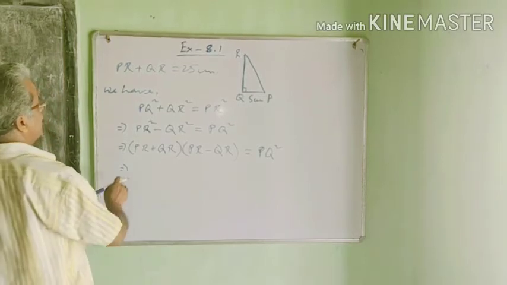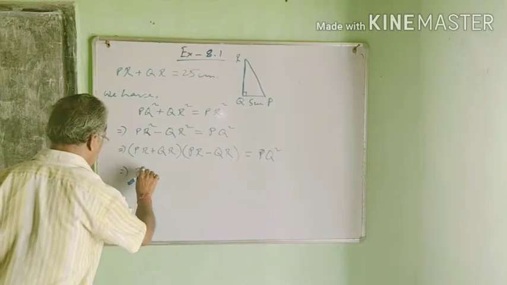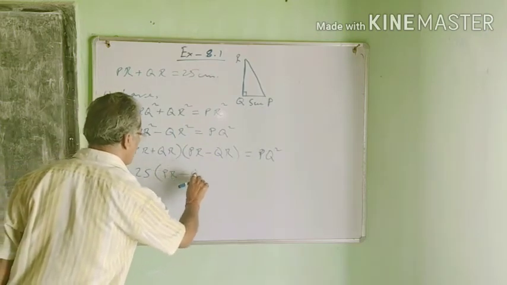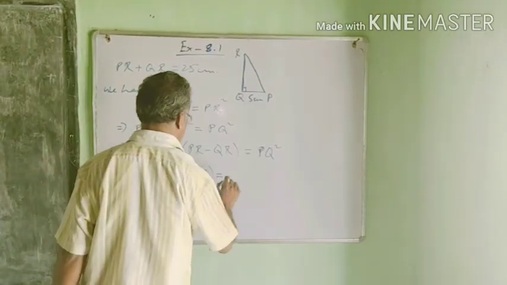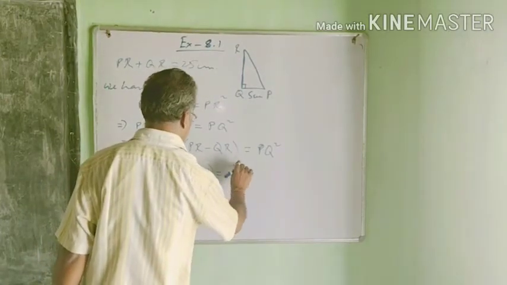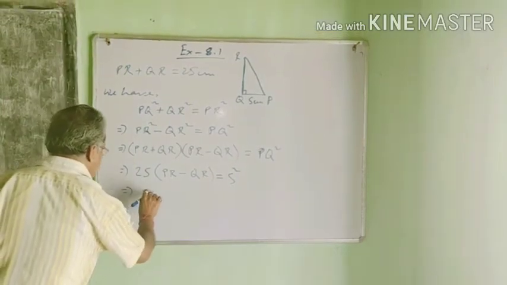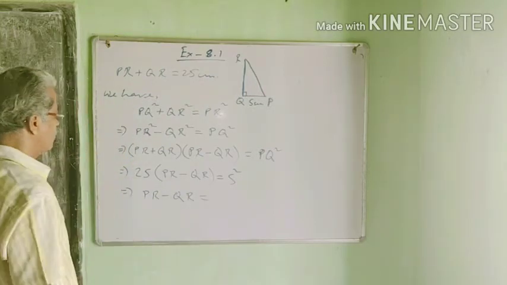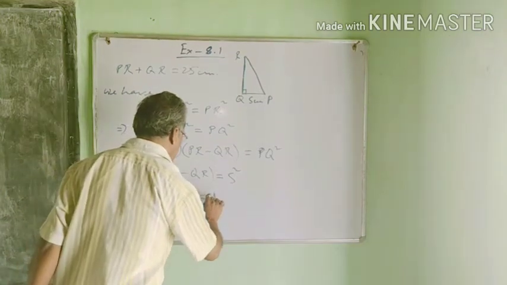Implies PR plus QR is given 25. 25 into PR minus QR is equal to PQ square. What is PQ? PQ is 5, 5 square. So what we get? PR minus QR is equal to 5 square, 25. 25 by 25 is 1.